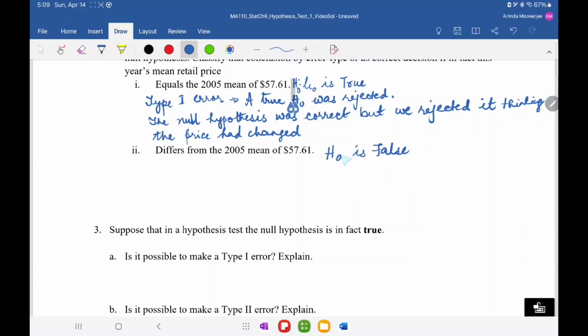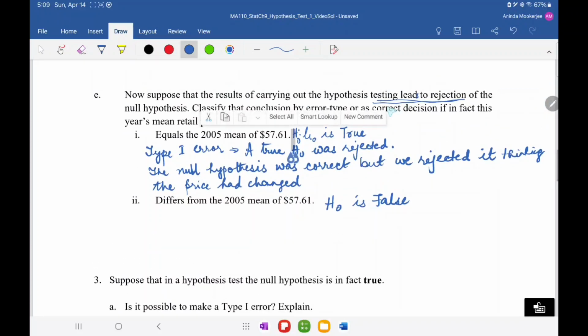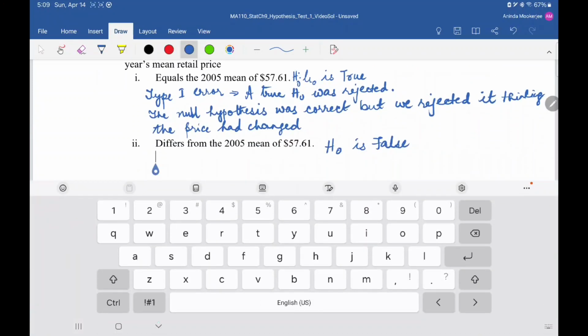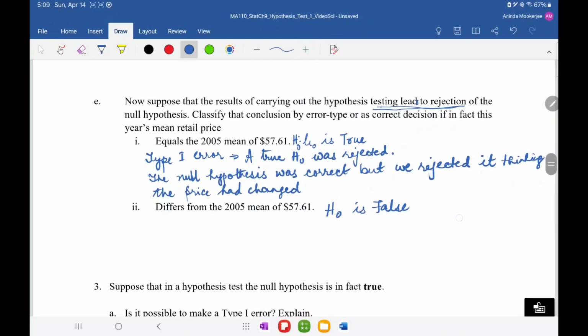So when the null hypothesis is false, what decision was taken? It led to rejecting the null hypothesis. And that is the correct decision, right? If the null hypothesis is false, we should be rejecting it. So going back to our question, it says, what was the decision taken? The testing led to rejection of the null hypothesis.